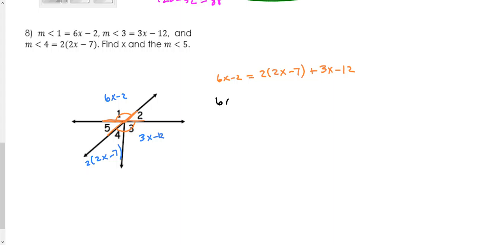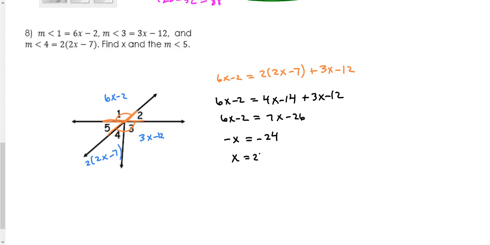Okay, so distribute on the other side. I get 4x minus 14. Combine like terms. Negative 26. If I subtract 7x over here, I get negative x. If I add 2, I get negative 24, which means x is positive 24. Both those turn into positive, so there's x.